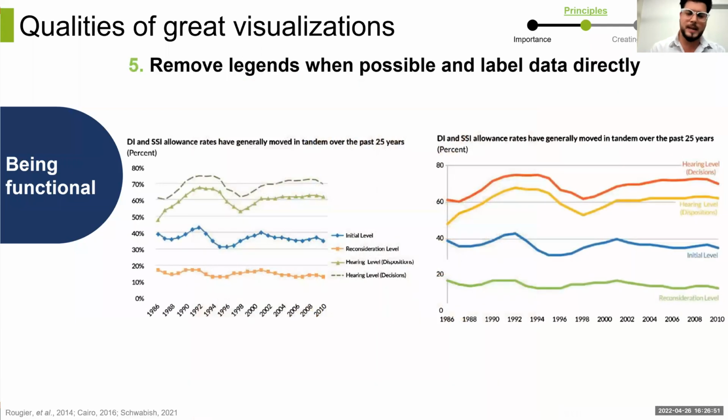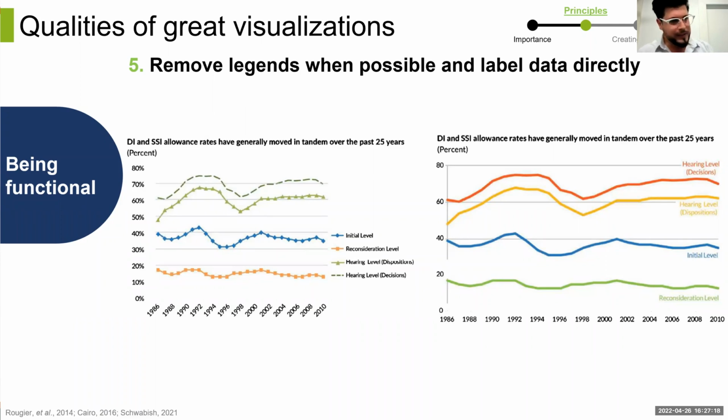Another thing is that by integrating the text and the data, we're doing a better job of considering the reader's needs, right? And this is extremely important. For example, notice here the inconsistency between the order of the lines and the legend of the chart on the left. The redesigned version on the right removes that unnecessary clutter and directly labels the lines. That is very, very important and avoids all that confusion.